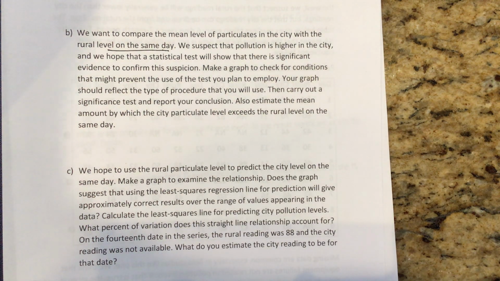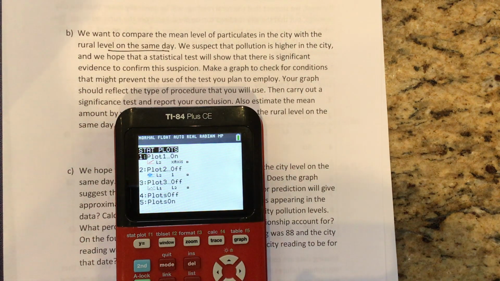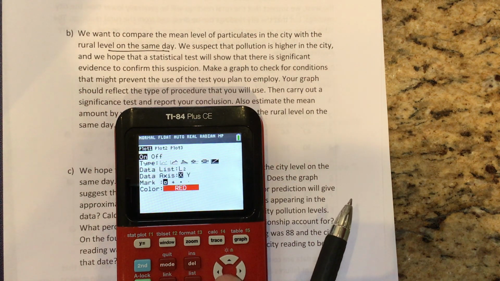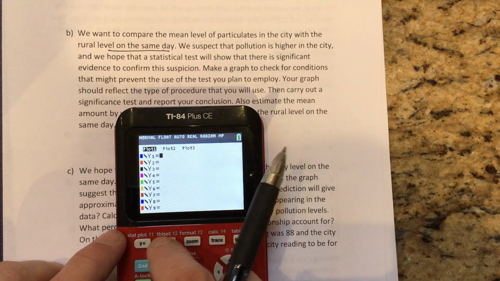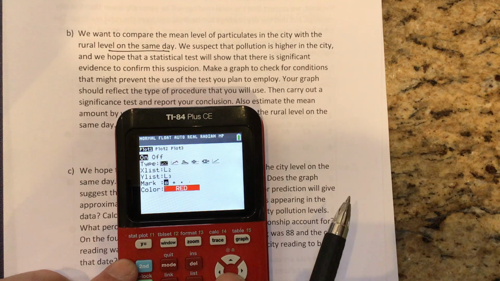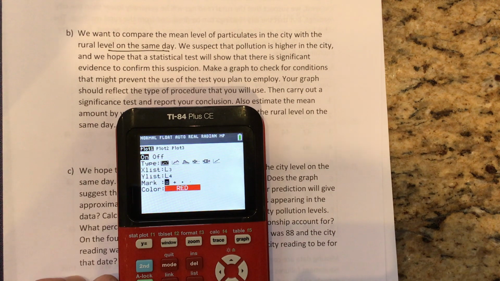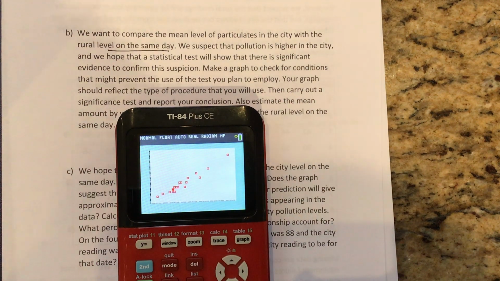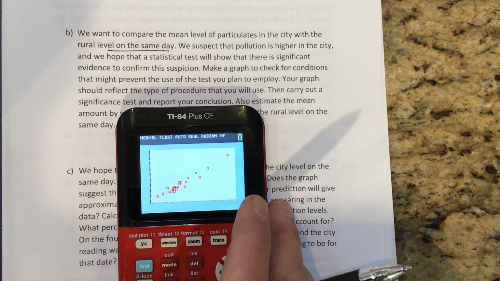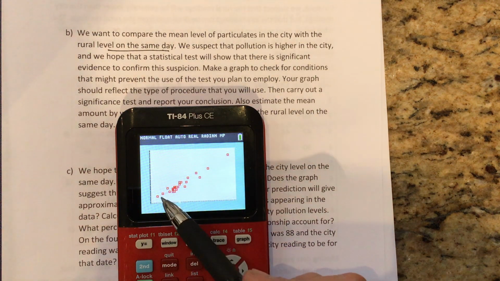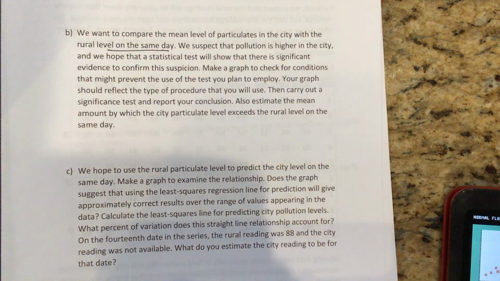Okay, so our graph would be a scatter plot here. I've got list 3 and list 4. And there's your scatter plot. So again, put that on your paper. But also notice, that is looking pretty linear, isn't it? Pretty strong relationship.